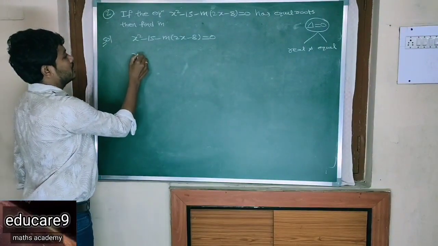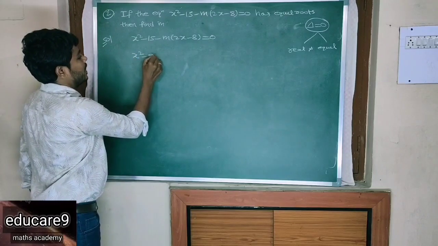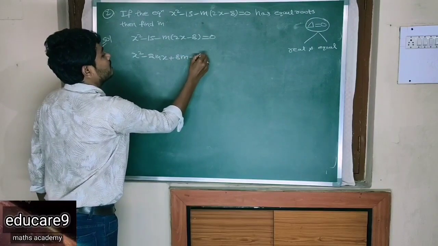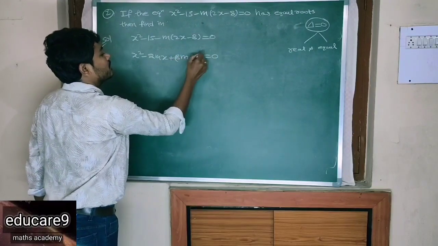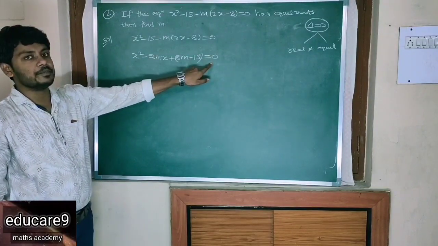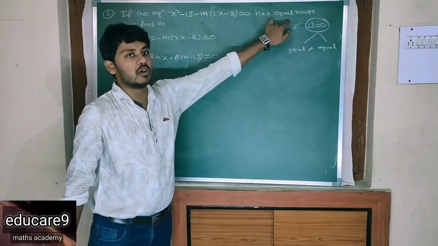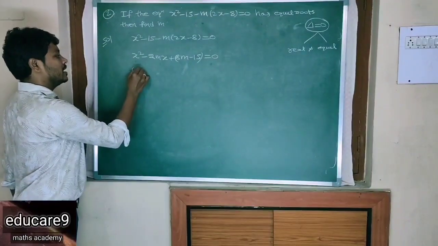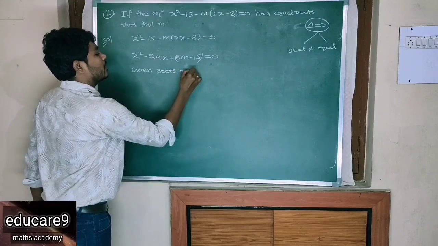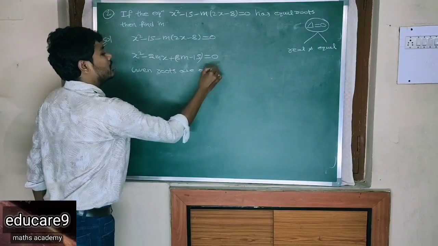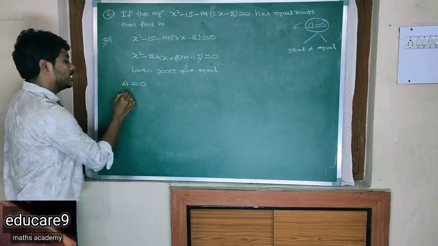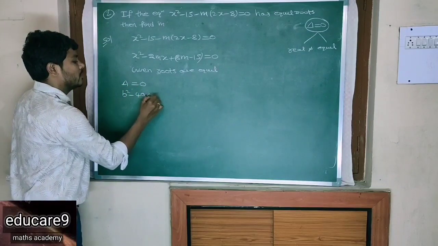Now this is written as x square minus 2mx plus 8m minus 15 is equal to 0. So it is of the form ax square plus bx plus c equals 0. Given the equation has equal roots, therefore delta is 0.